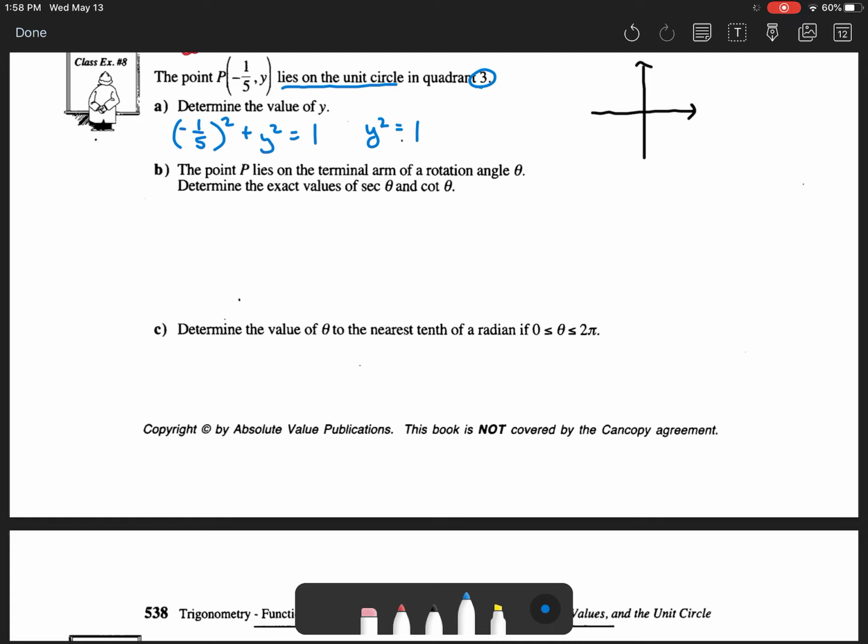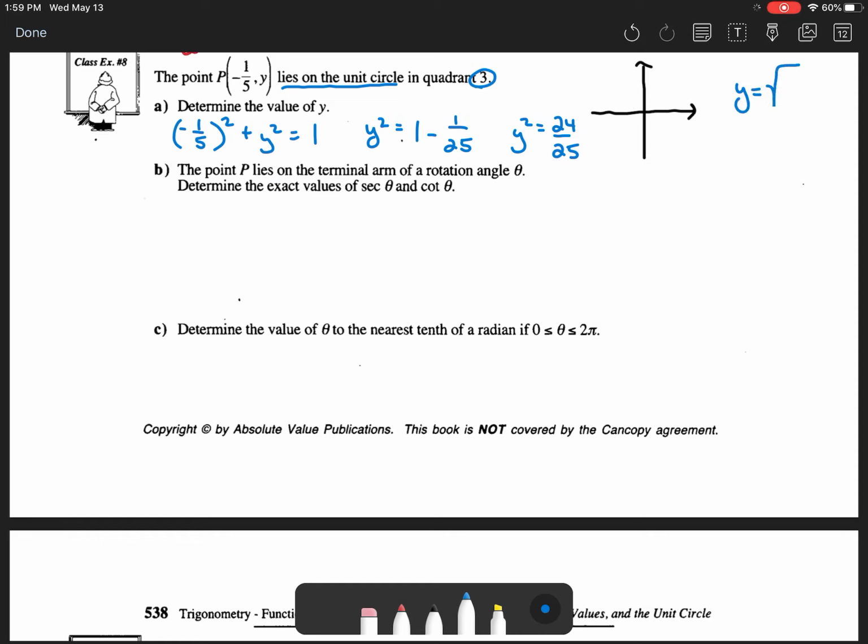So when I solve for y, so y squared will be then 1 minus 1 over 25. Okay, that's what negative 1 over 5 squared is, and I bring it to the other side. Okay, so when I do that, that means I will get y squared will be 24 over 25. Okay, then I have to square root both sides.